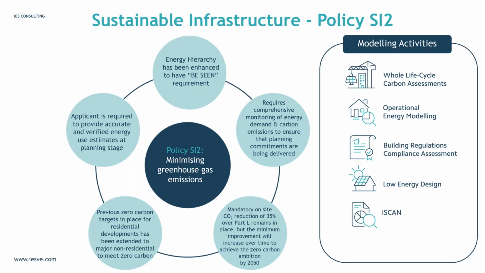Be Seen requires the applicant to monitor, verify, and report on energy performance during the first 5 years of the building's occupation. I'll come back to Be Seen in more detail later in this presentation, as it is a significant change in our duties and requires a significant amount of thought and preparation.